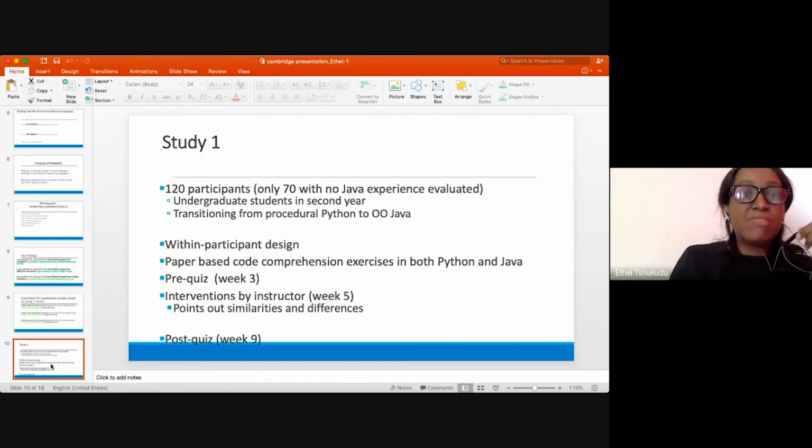They were given code comprehension exercises in Java and Python in week 3, in the early stages. Then there were small interventions by the instructor, explicitly showing similarities and differences between the two languages, and a post quiz in week 9.